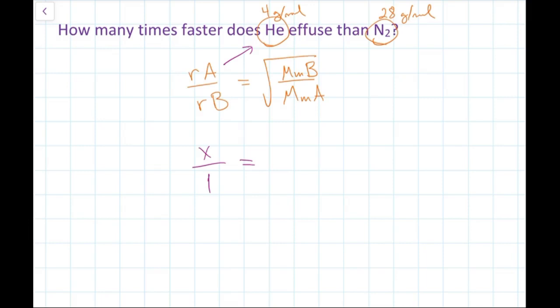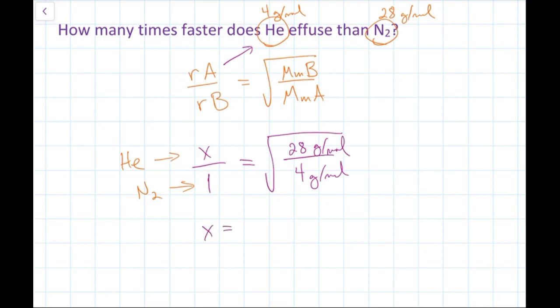So I just have to make sure that I understand and maybe make a note of the fact that this is helium and this is nitrogen, and when I go to the other side, the helium molar mass goes on the bottom. So helium's molar mass is 4 grams per mole and nitrogen's is 28 grams per mole, and so then I just have to solve for X. So give that a shot.